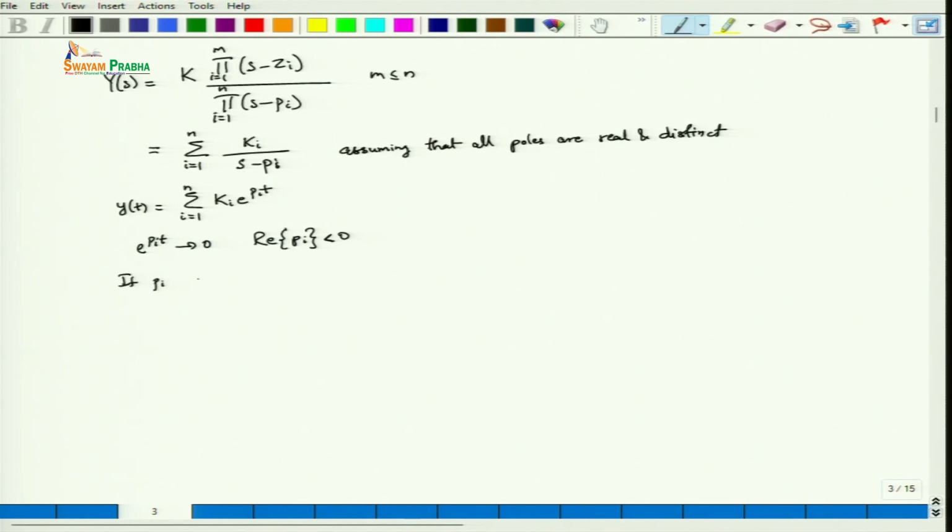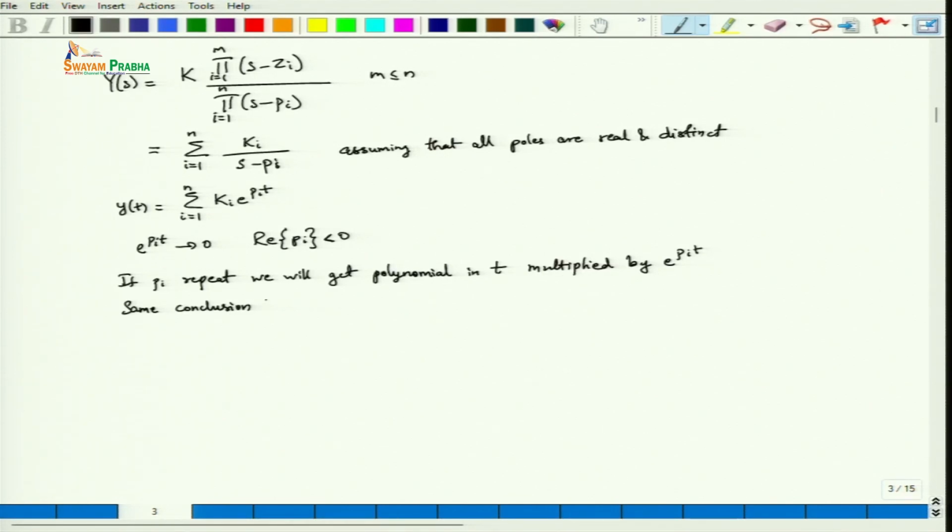Even if p_i repeat, what we'll get as part of the response will be a polynomial in t multiplied by e to the power p_i t, and we will get the same conclusion, that is, the system will still remain stable even if these p_i are repeating, because we will just get a polynomial in t multiplied by e to the power p_i t.